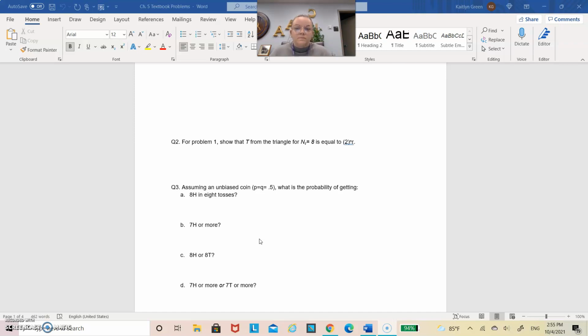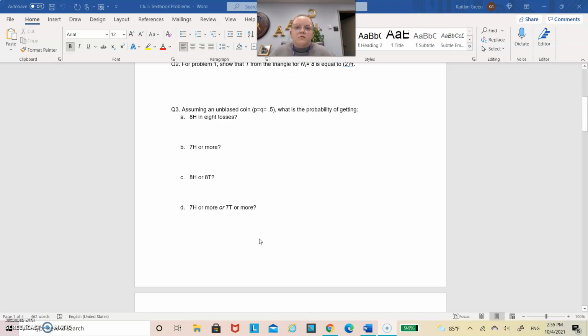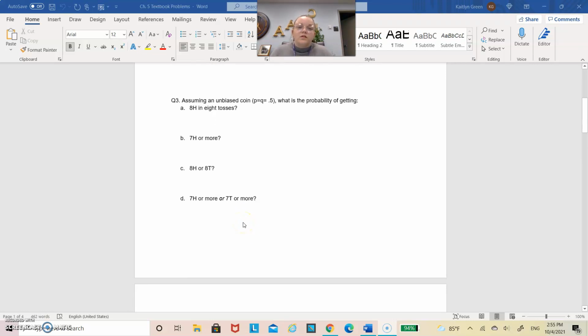Question 3 is a bit of a longer problem. It's assuming an unbiased coin, which just means that it isn't rigged and you should have a 50-50 shot either way. What's the probability of getting 8 heads in 8 tosses?